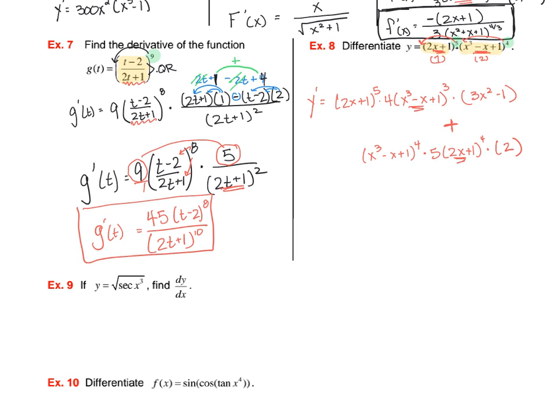On this one, you can't simplify anything that has a power more than 1 because you would have to multiply those together. But this 4 could distribute into that 3x squared minus 1. On the second part, we have the 4th power, so we can't do anything with that.